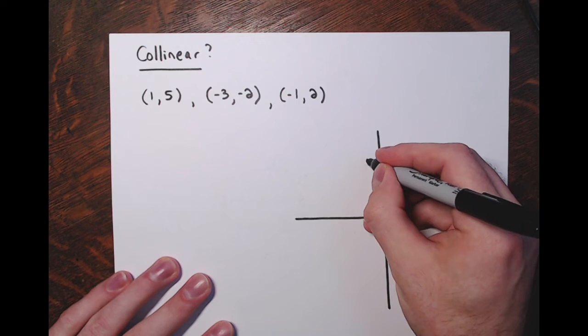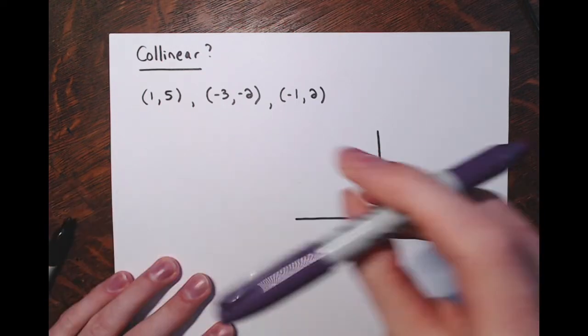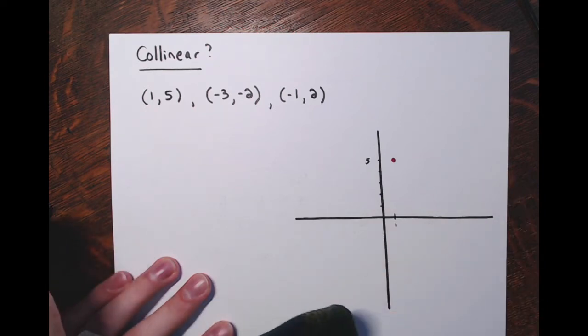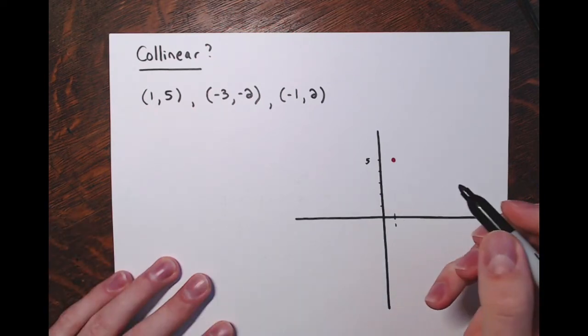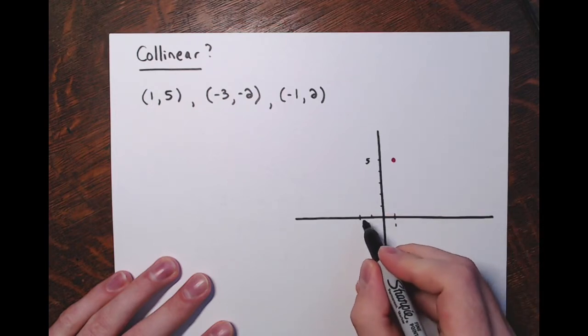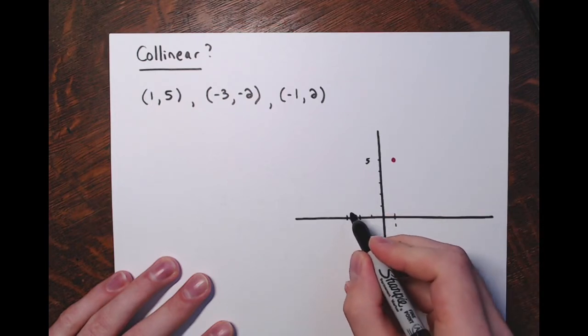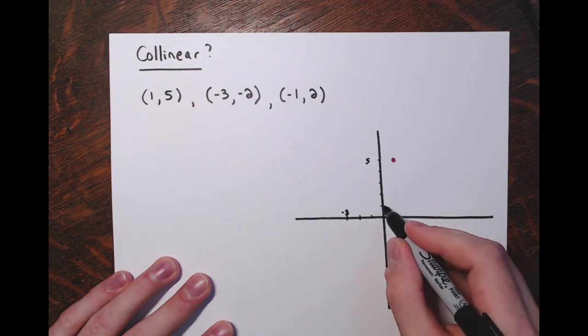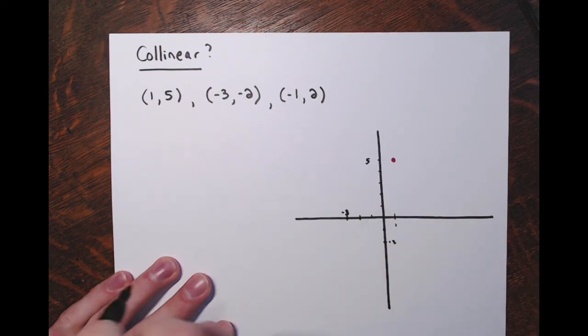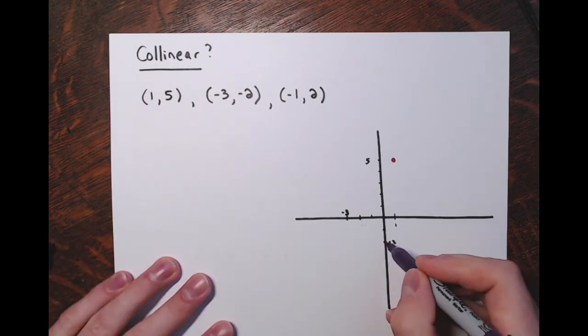Alright, so there's the point 1, 5 right there. Then -3, -2. So again, trying my best to make these notches as evenly spaced as possible. And so there's -3, -2.